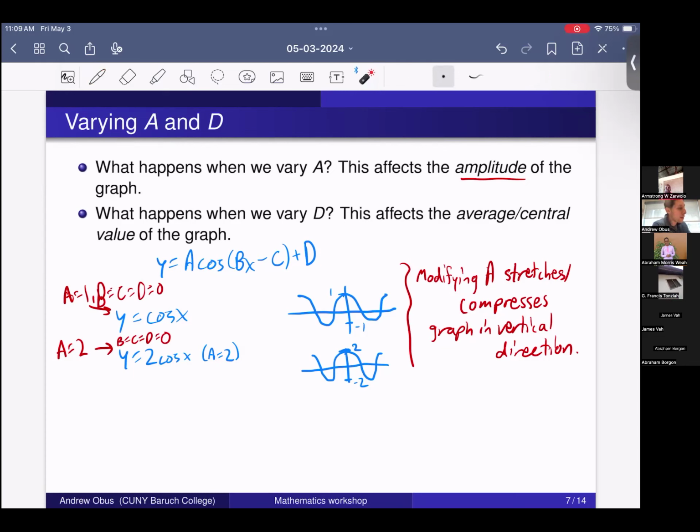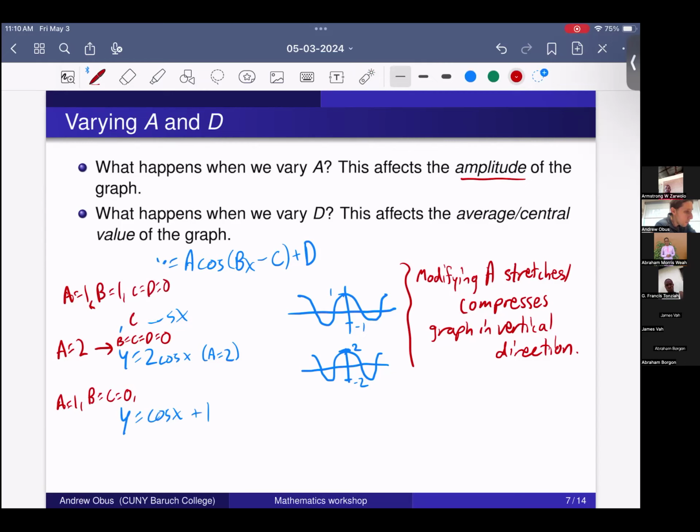Now, what happens when we vary d? Well, so let's say that I now look at y equals cosine x plus 1. Right? So in this case, that would correspond to a equals 1, b and c are still 0. Oh, sorry, b equals 1. Sorry, a equals 1, b equals 1, c equals d equals 0.